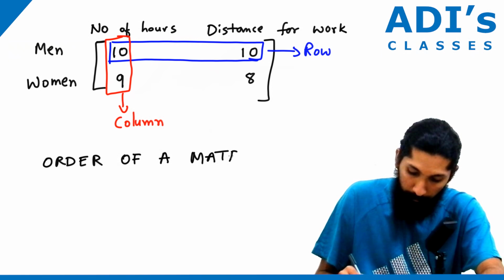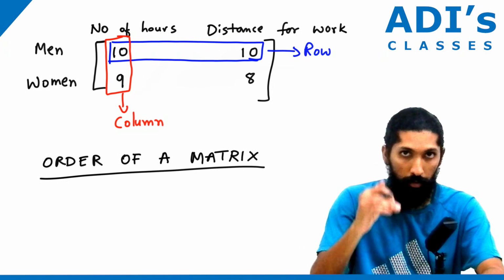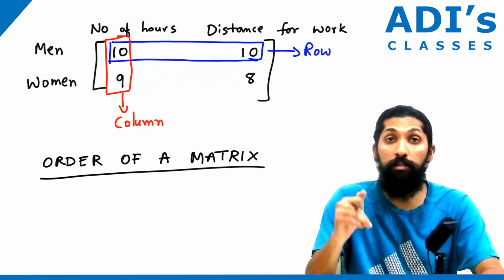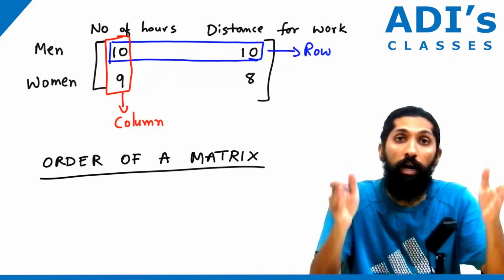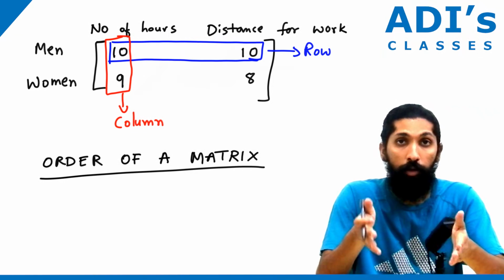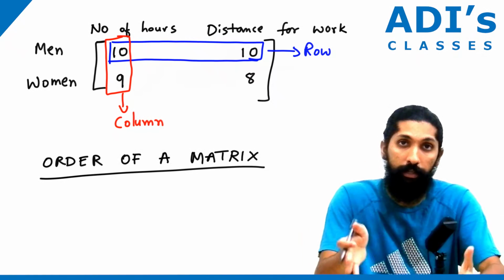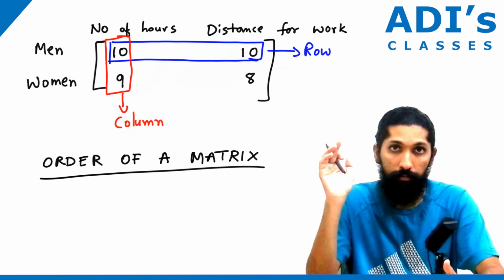A very, very important parameter is order. Without an order, a matrix does not even exist. Order and matrix go hand in hand. If you have a matrix, you need to have an order; if you have an order, you need to have a matrix. One will not exist without the other.